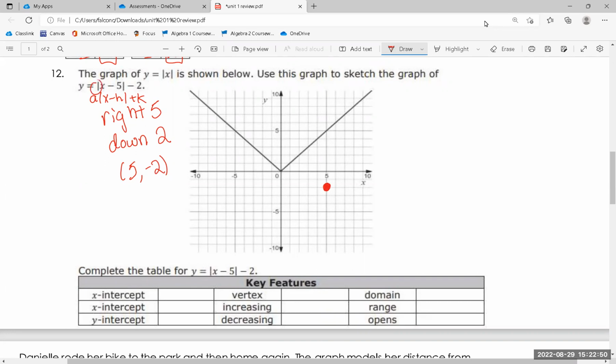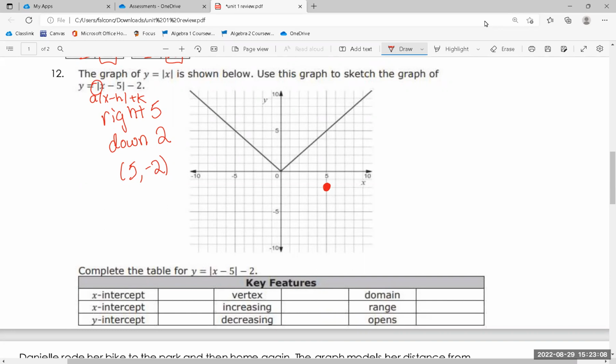And then there's nothing in front of my absolute value bar, so there's no stretch or compression factor to this graph. And so we can use that to help us graph the rest of the lines. The lines are not going to get any narrower or wider, so the slope of each piece will remain 1.